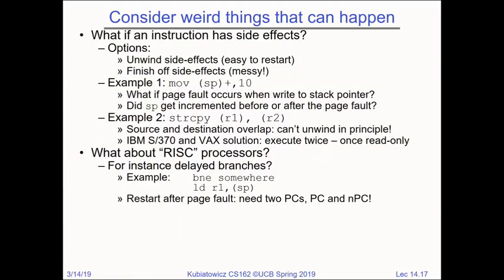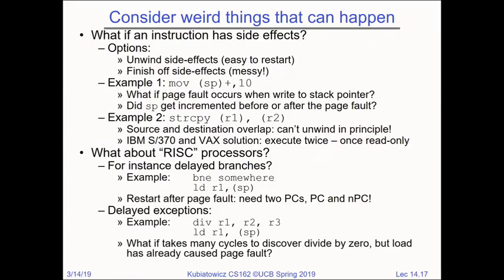Because if I go back to that load and restart, I won't branch because I'm in the delay slot. So in fact, on RISC processors, there's actually two PCs involved in a fault. There's something called PC and the NPC, so that we can restart in a way that will restart that load and then branch to somewhere. And we need two program counters to make that work. All right? Questions?